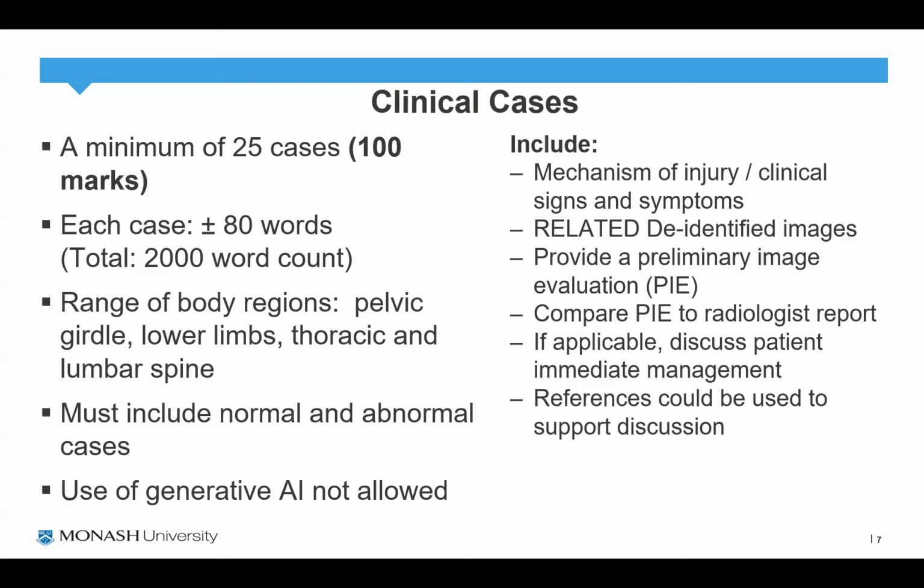Now, you can include the immediate management of the patient. You don't have to. That's additional. And then you can include references, but it's not essential. Only include them if you find a case that you really found interesting and that you actually want to reference.